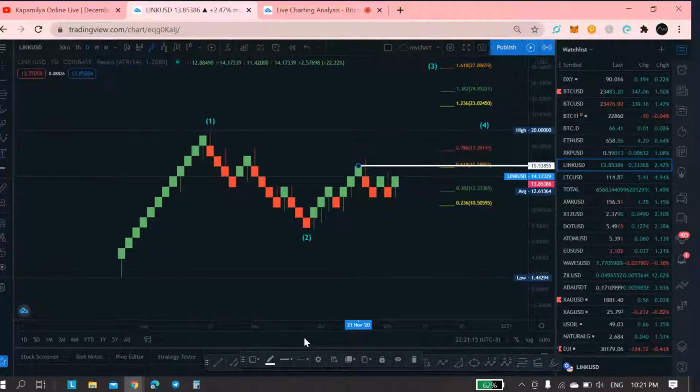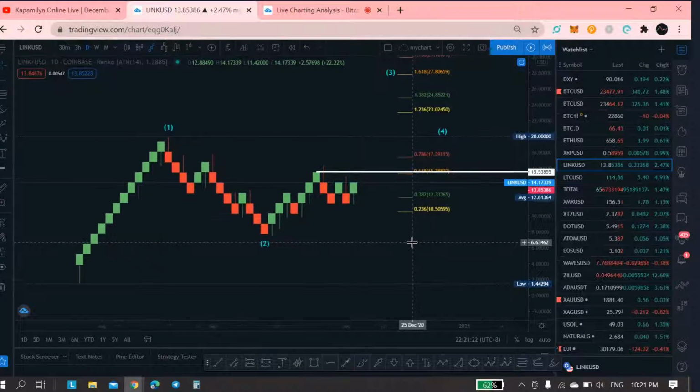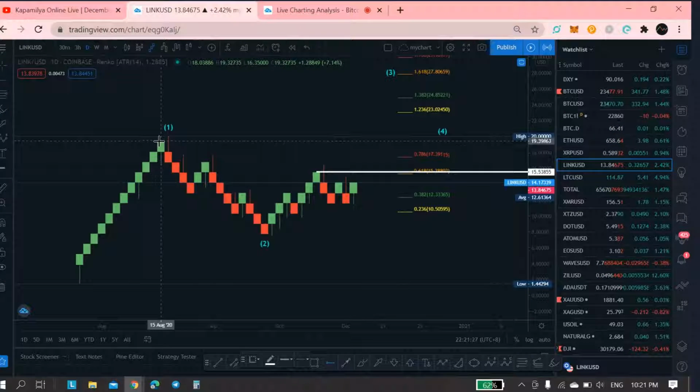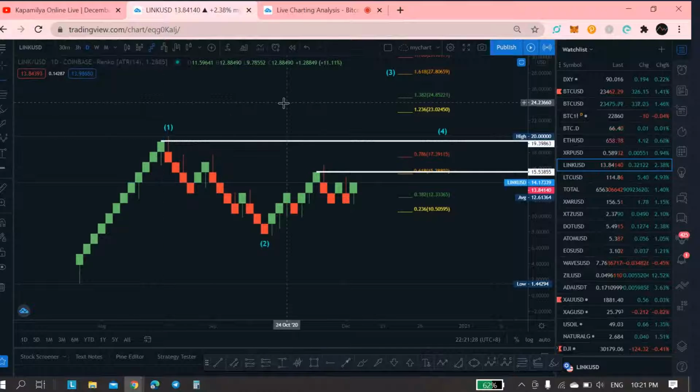We'll just change it to line. There, that's the immediate resistance I'm looking at, the $15. A breakout to that level could possibly retest the previous high close to $20. And of course, the support at this area is $11.